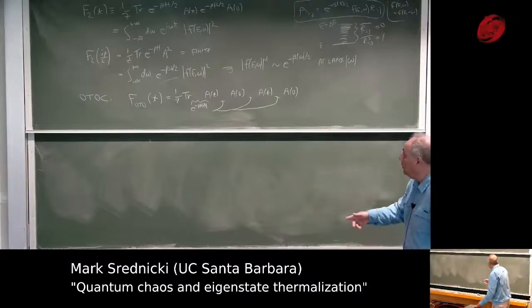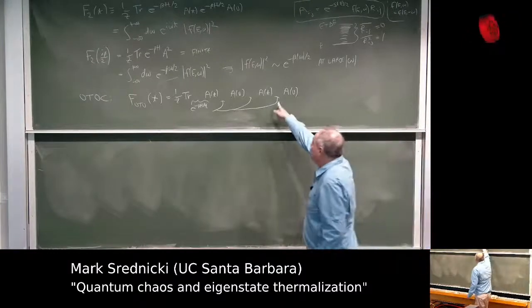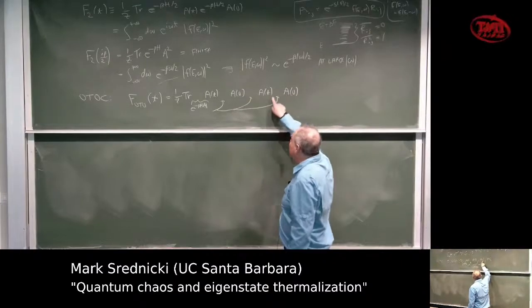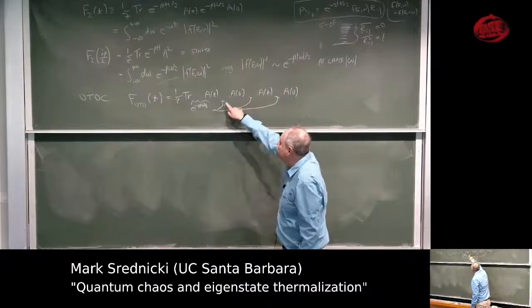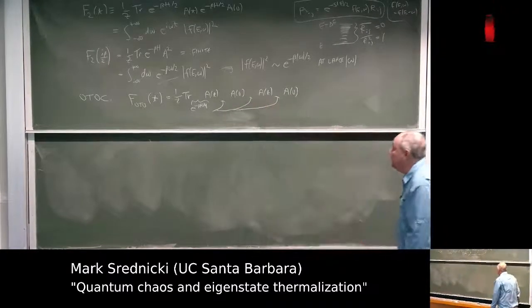In principle, we could assign 4 different times, maybe start with 0, and then we could have T1, T2, and T3. Those could all be different.